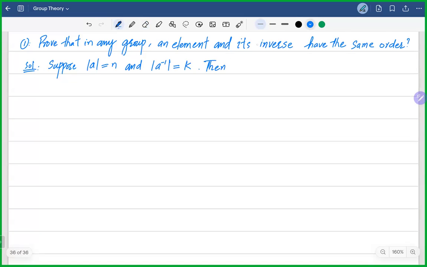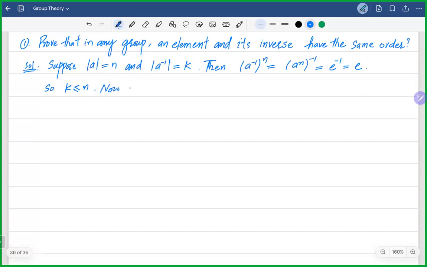Then (a inverse) power n is going to be (a power n) power minus 1, which is going to be e power minus 1 equals e. Okay, so k should be less than or equal to n.